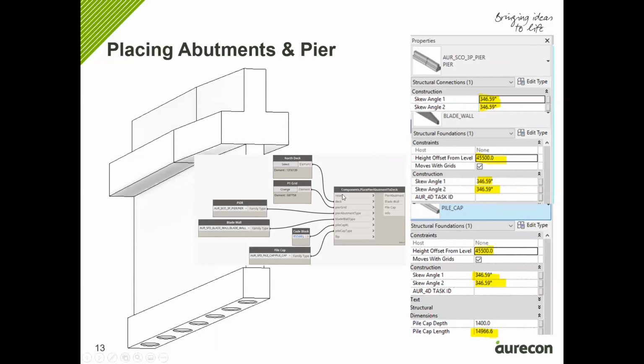Then again we select the deck, which they are going to support, and also the grid line. From all that input, they will just generate the geometry. So we have three elements at the same time: a pier, a wall, and a power cap.